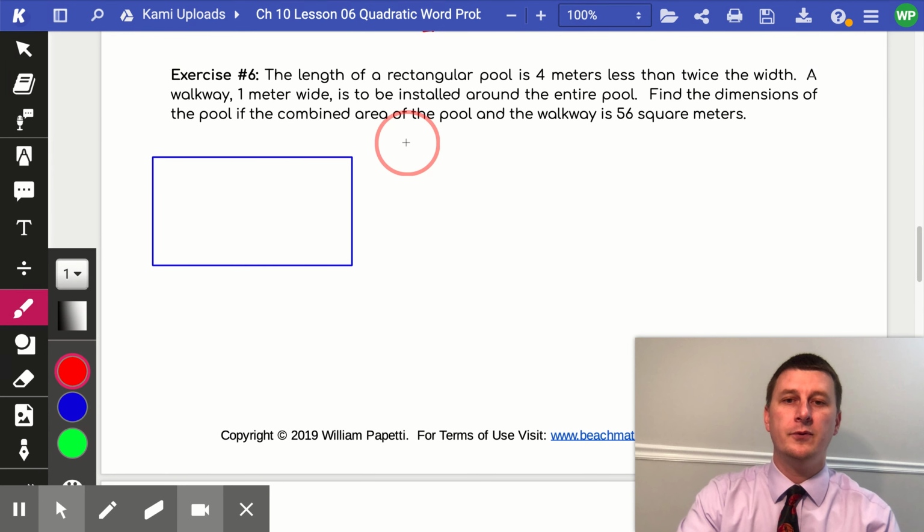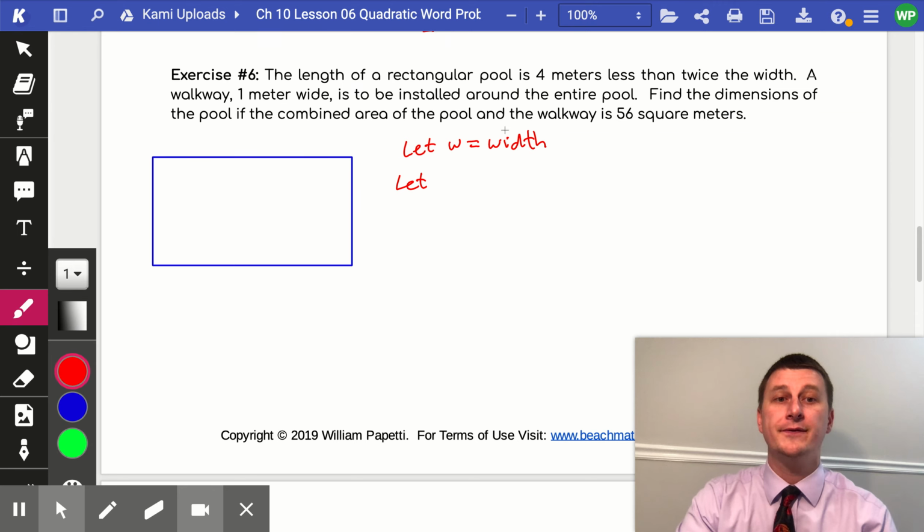If we let W equal our width of the pool, we know that our length is 4 meters less than twice the width. So 4 meters less than twice the width would be 2W minus 4, and that would be our length.